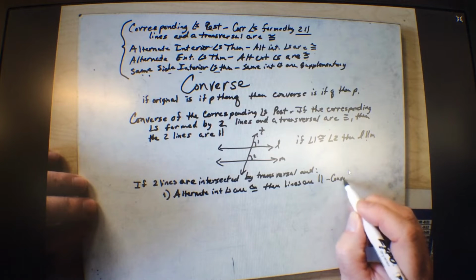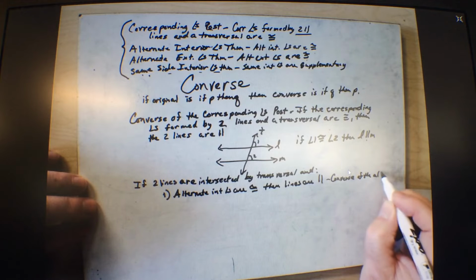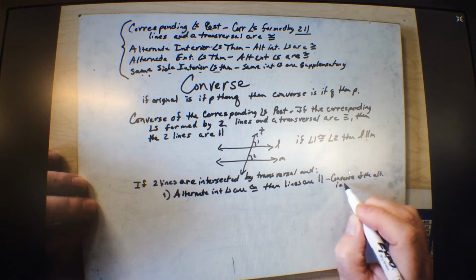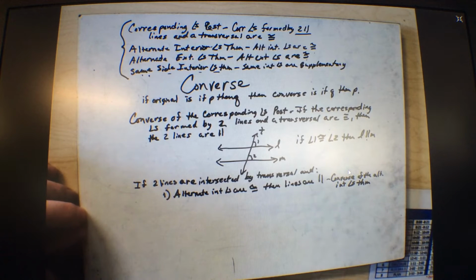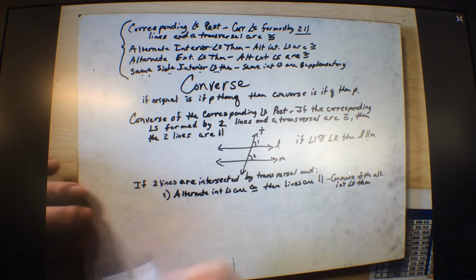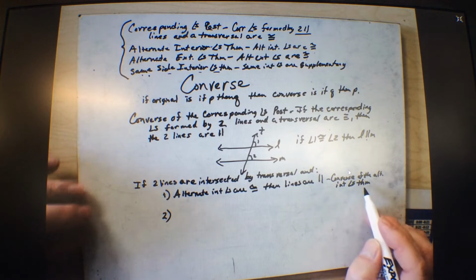This is called the converse of the alternate interior angles theorem. Does everybody understand that? Okay. What does that say on the side? Converse of the alternate interior angles theorem. That's the name of this.